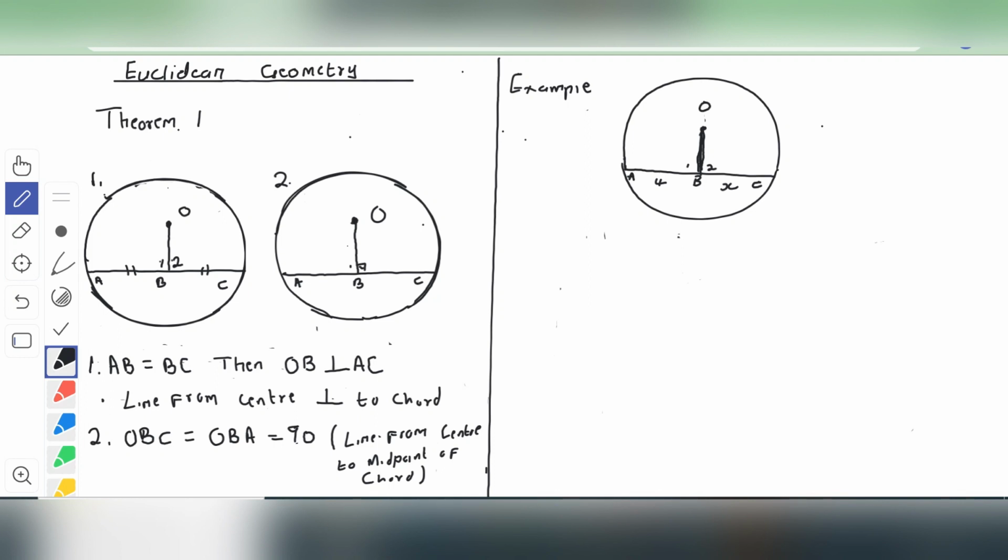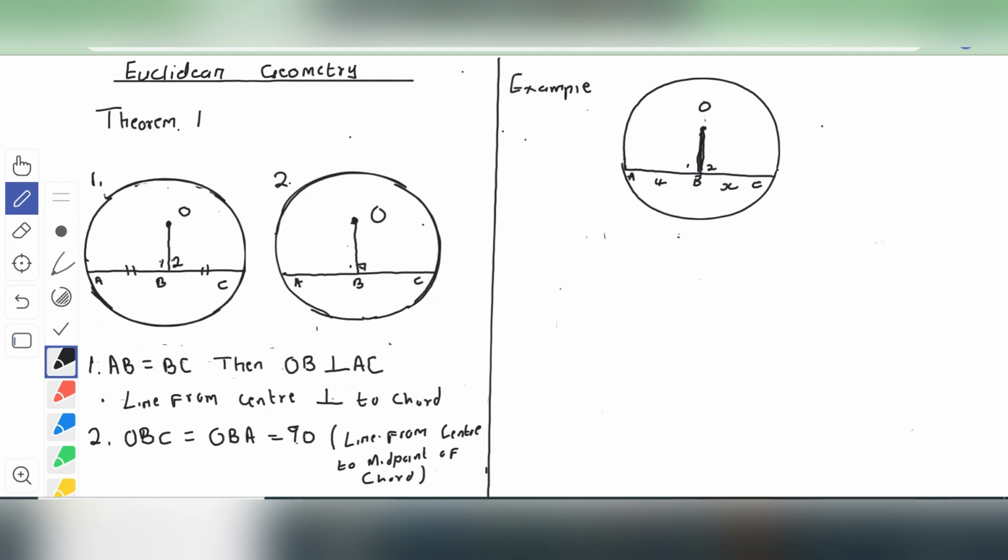So whenever we give a reason from that, we say the line from center to the midpoint of a chord. And remember, whenever we talk about the midpoint of the chord, it means the line drawn from the center cuts our chord into two equal parts, so it's going to form two angles which are both equal to 90 degrees.